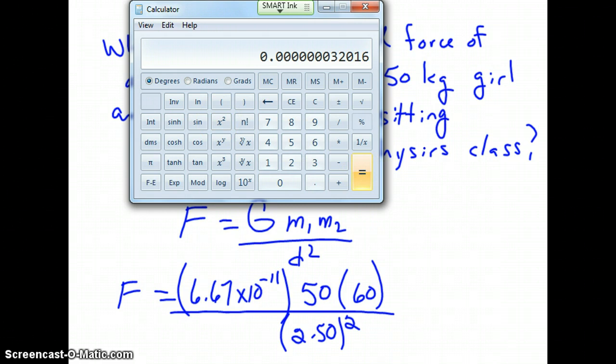So the force of attraction between the boy and the girl is a very small number: 3.2 times 10 to the minus 8 newtons. This makes sense, as we said that the mass of the object must be very large before the force of attraction between two objects becomes noticeable.